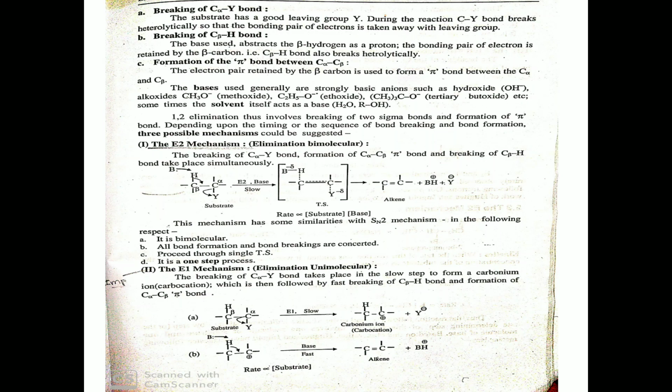In step first, removal of the leaving group. It is a slow step, then a carbocation plus the leaving group as byproduct is formed. Then in the second step, the base abstracts the beta proton, then a carbon-carbon double bond is formed, it is a fast step, and then an alkene is formed as a product. The rate of this reaction is directly proportional to the concentration of the substrate.